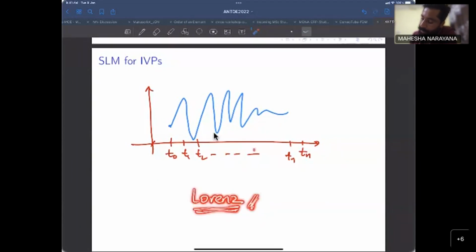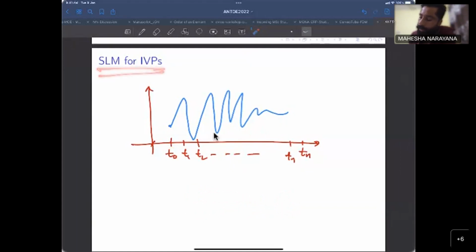So SLM as it is cannot handle it. We'll have to use the multi-stepping version of SLM. So that's how you can handle IVPs.